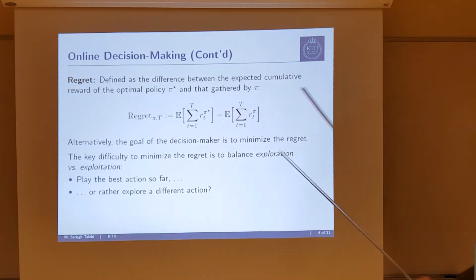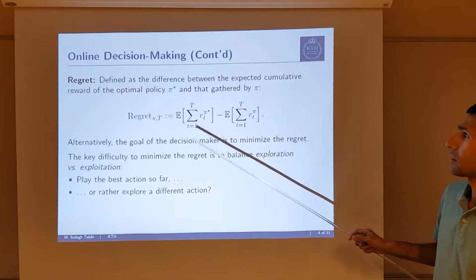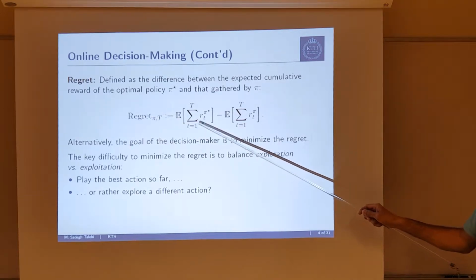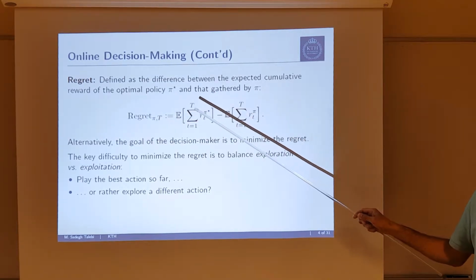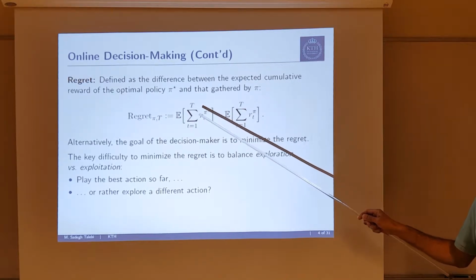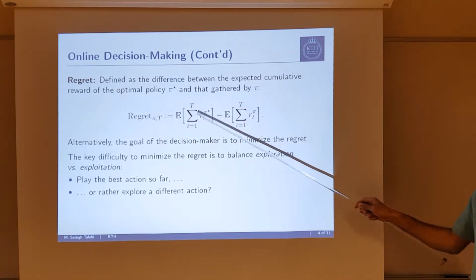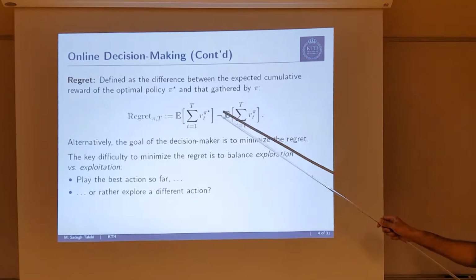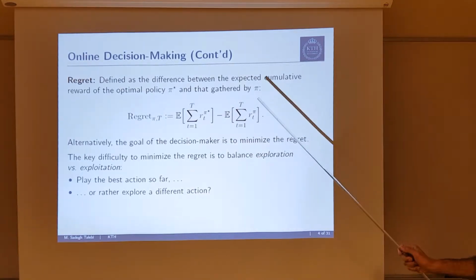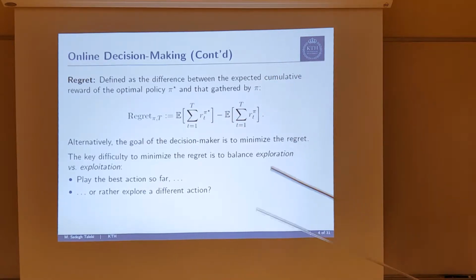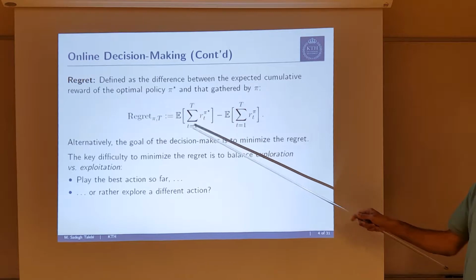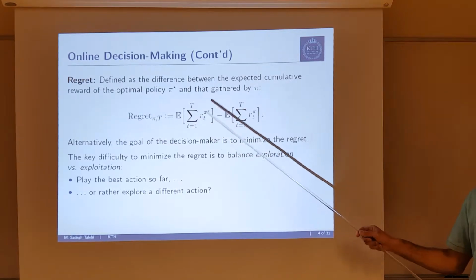So this notion of regret compares what you could get in the best case if you knew all the unknowns of the environment, in expectation, minus what you would get under your algorithm, right? Basically this is the expected value of cumulative performance loss.